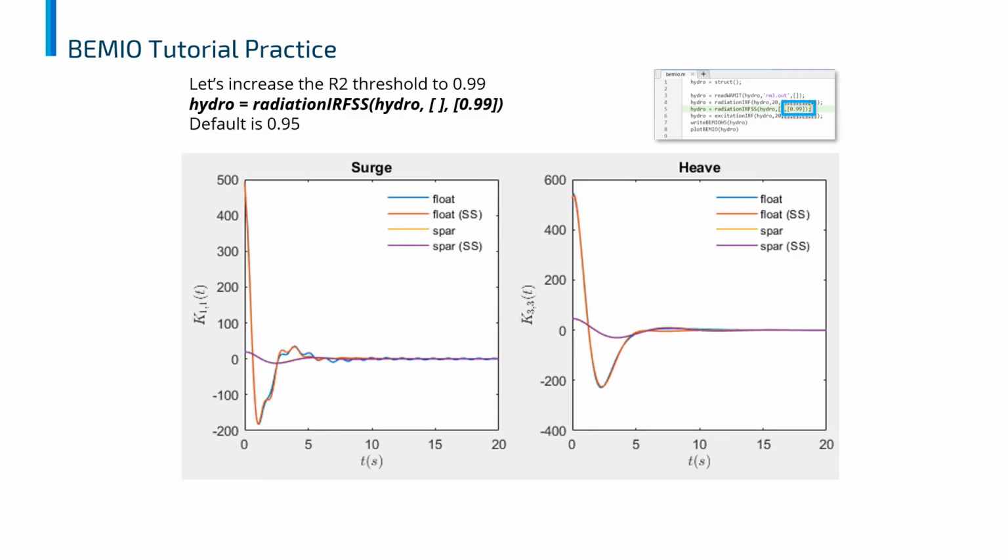For doing that, we can increase the R2 threshold to 0.99. Remember that the default value was 0.95, and when you increase the value to 0.99, you can see that the results for the integral formulation and for the state space formulation are closer now. So it improves the results substantially.